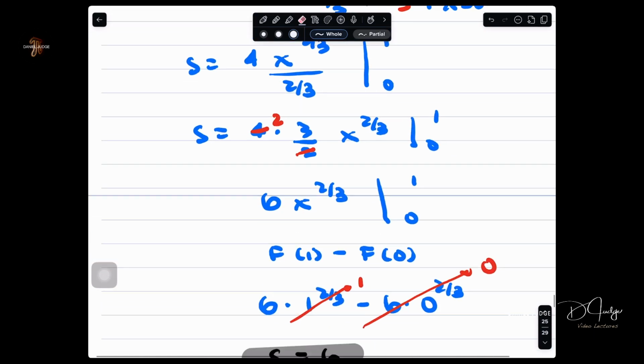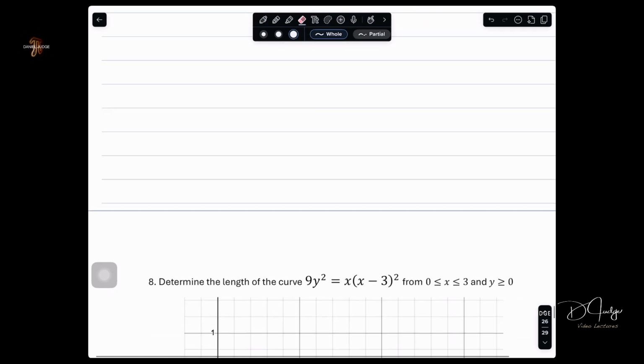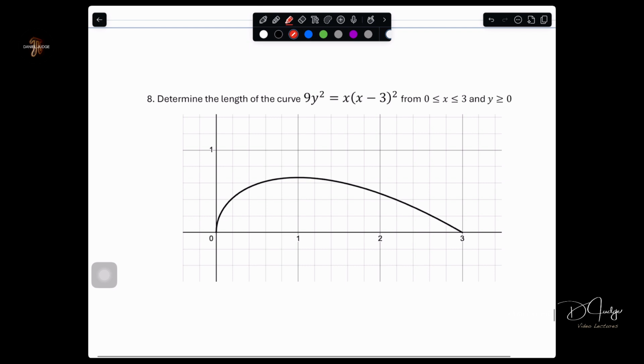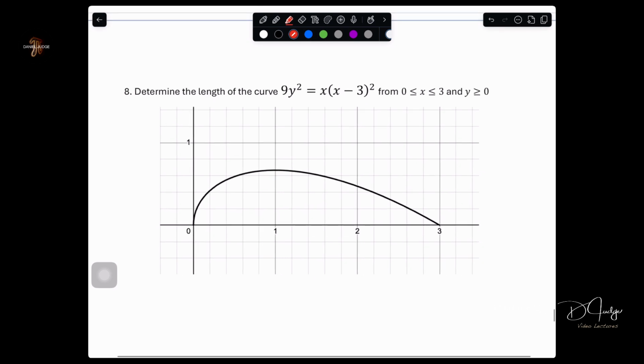Now, take a look at the next question here, number 8. We got: determine the length of the curve 9y squared equals x times x minus 3 squared from 0 to 3. And this is going to be a key idea here for us as well. The y values are greater than 0.